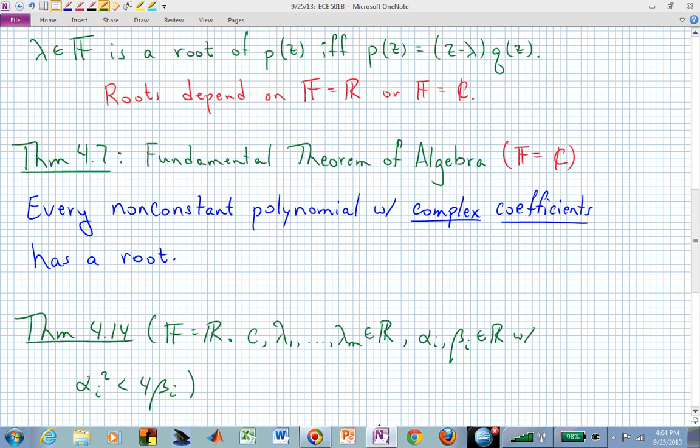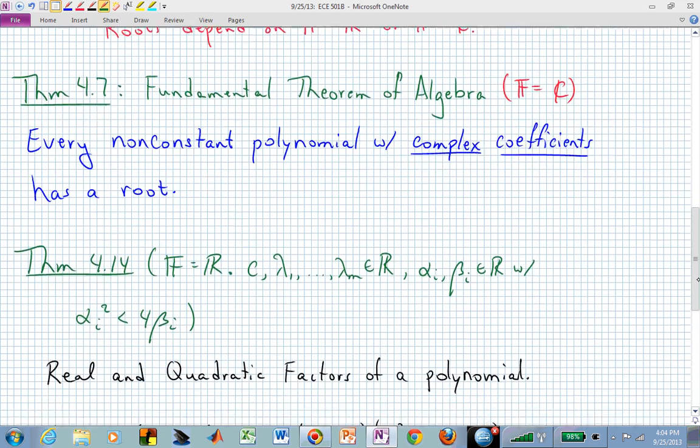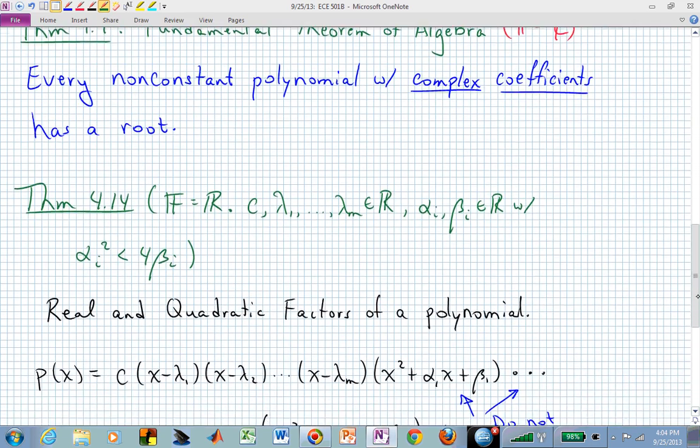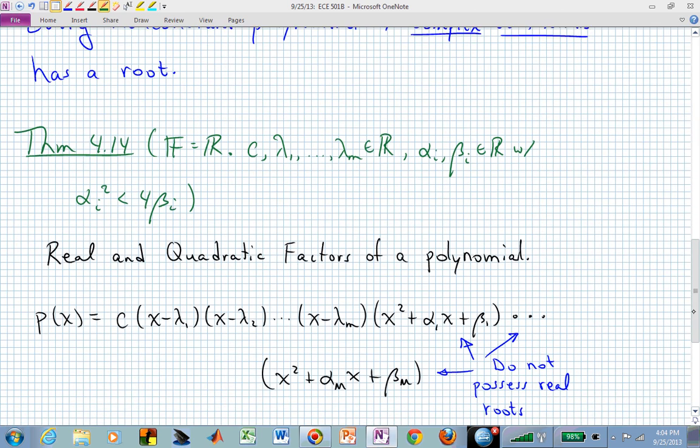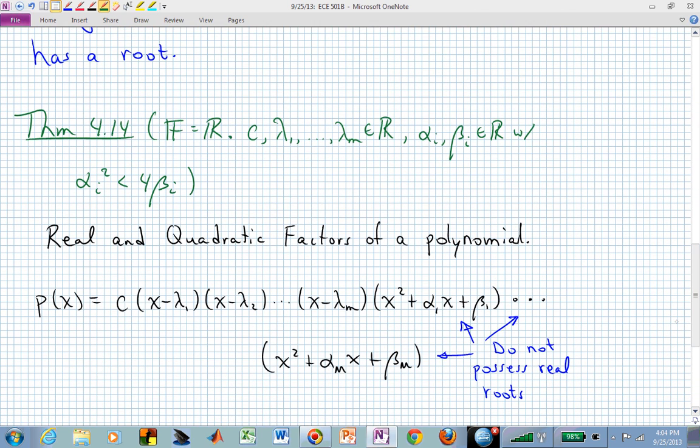If they come from the real line, this field of numbers, then we're dealing with a slightly different animal, which is theorem 4.14. In that case, we have a polynomial that can be factored, but it may not be factorable into linear factors.